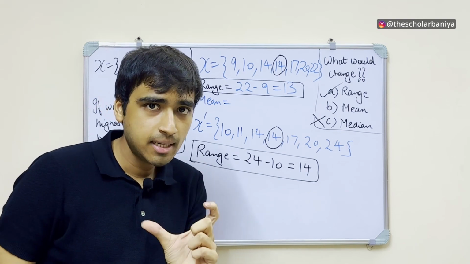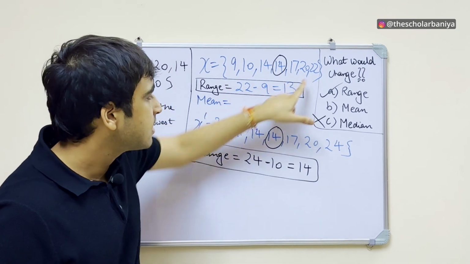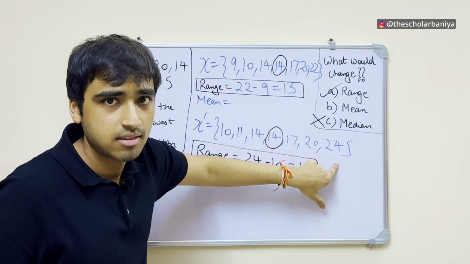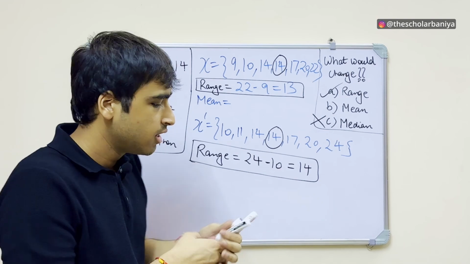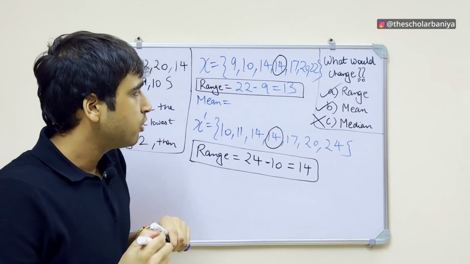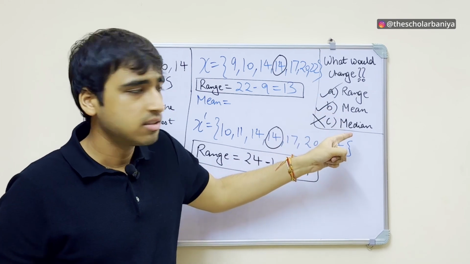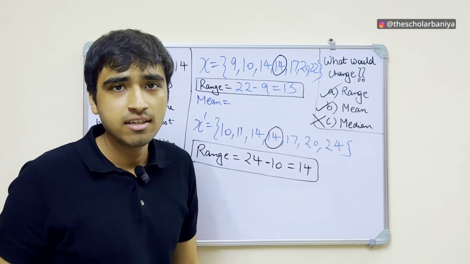The denominator is the same, which is 7. But the sum will be different in this case, and different in this case, right? So that means the mean will be different for both the cases. So what would change? The mean will also change. So you have A and B as your answer, that the range is changing, the mean is changing, the median remains the same.